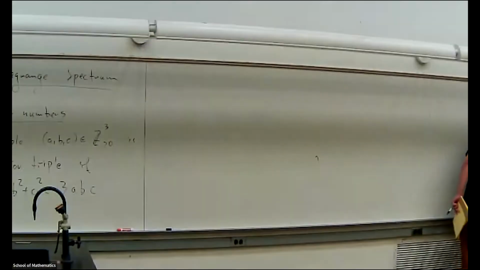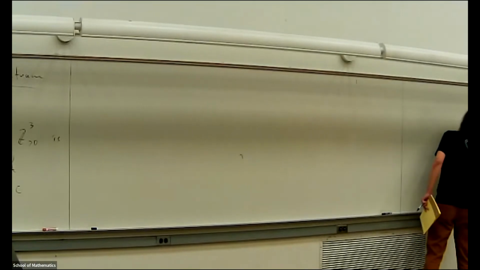So these are Markov triples. Any of the numbers that appear in some Markov triple are called the Markov numbers.